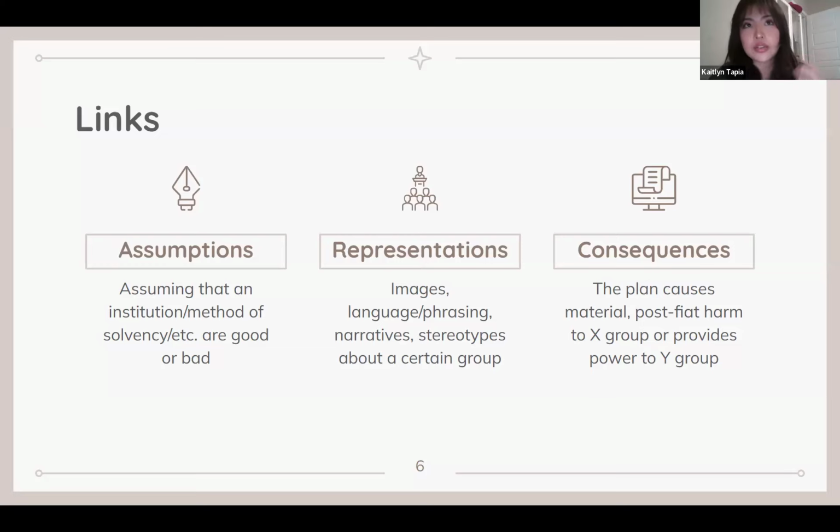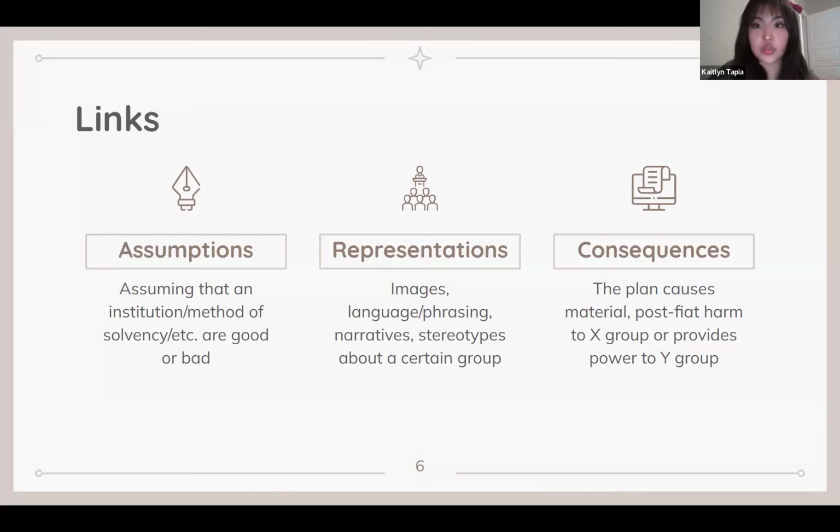I know that sounds a little bit tautological, but you can think of it as the affirmative having assumed that some institution or method or approach to something is inherently good or bad, and that we should accept it on face, right? So fiating through the USFG, for example, assumes that the United States is a valid actor within the world, and a critique would seek to challenge or dismantle that assumption, right?